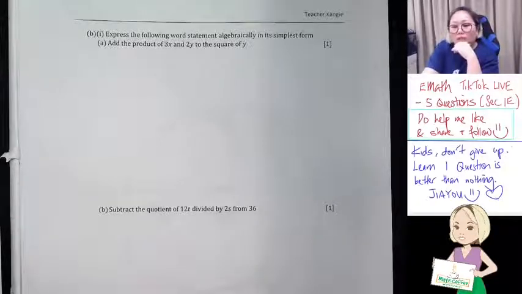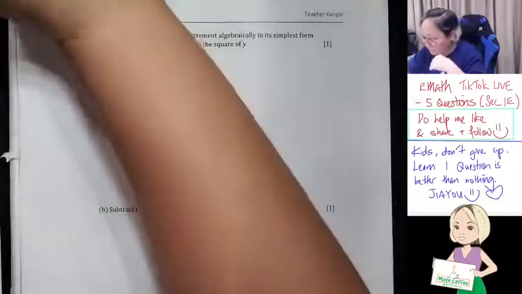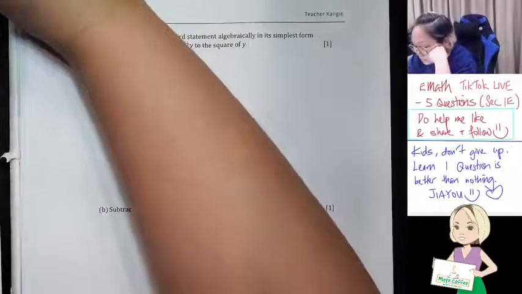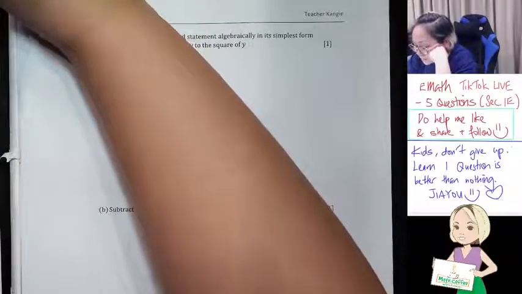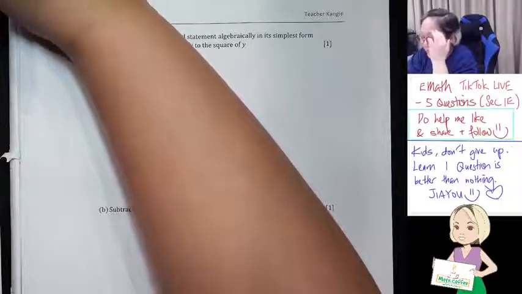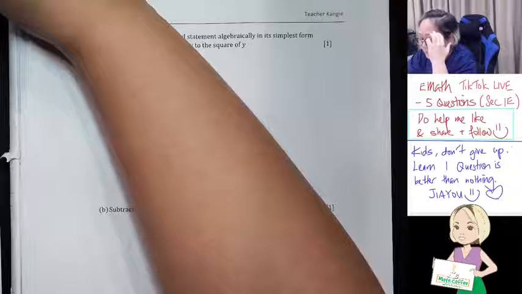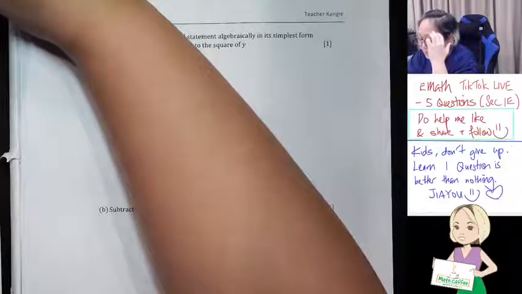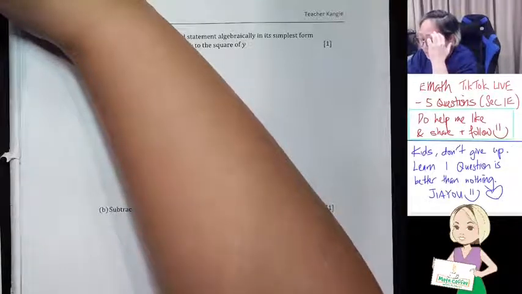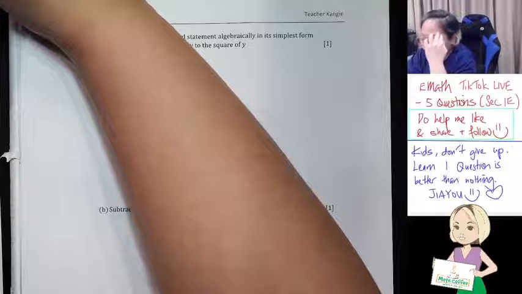Okay, kids, so take note of the date. 16 December, okay, 17 December, Friday, 5 p.m. and then 19 December, Sunday. Samantha, 19 December is what time?